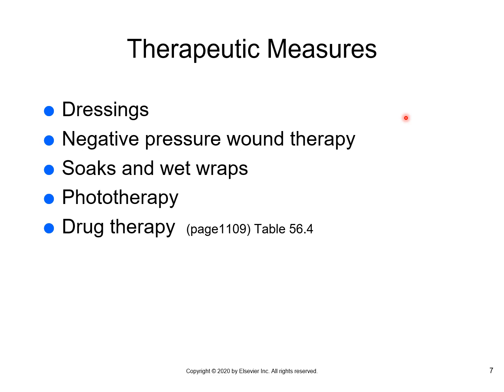Negative pressure wound therapy uses wound vacs, which make sure that the drainage coming from the skin or the wound is vacuumed and collected. Then soaks and wet wraps, like your wet-to-dry therapy, where we wet the gauze, put it in the wound, and then put a dry dressing over it.